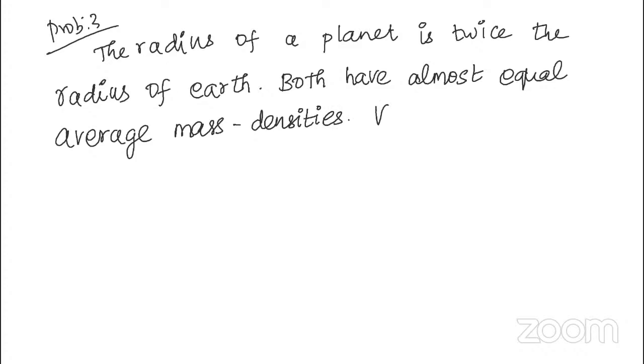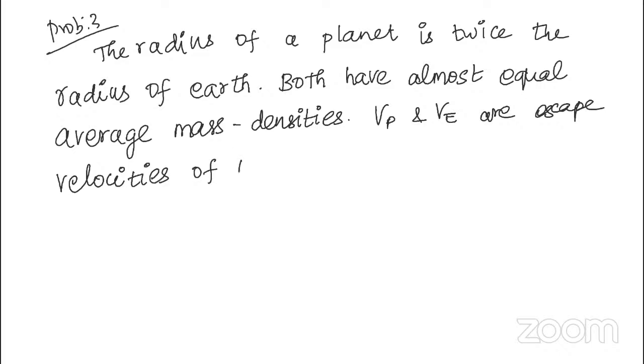And here VP and VE are escape velocities of the planet and Earth respectively.